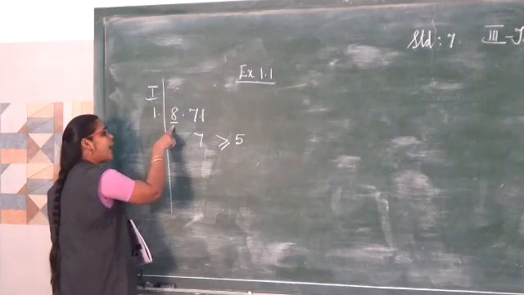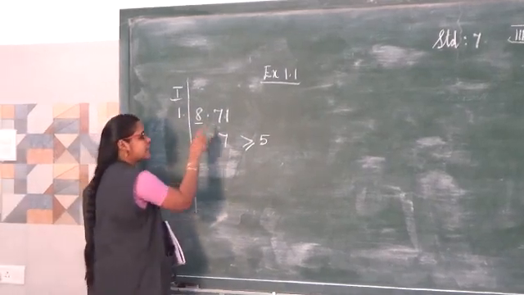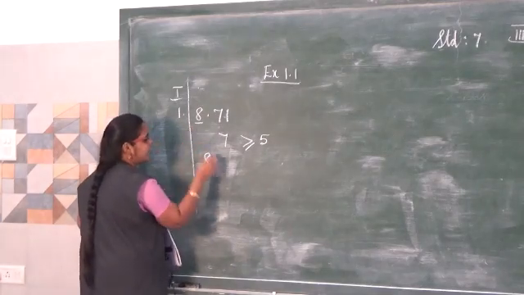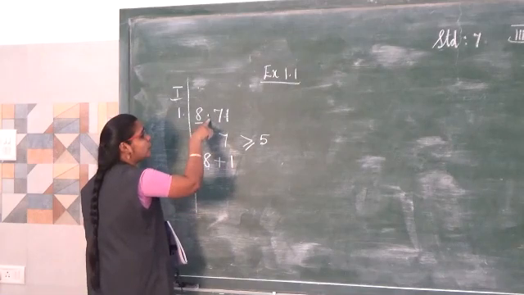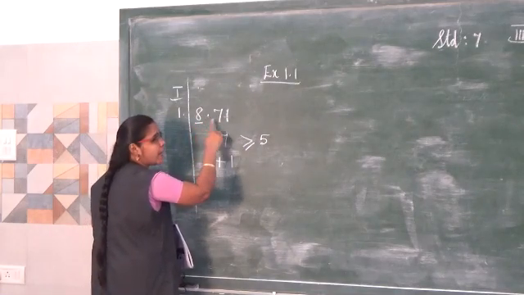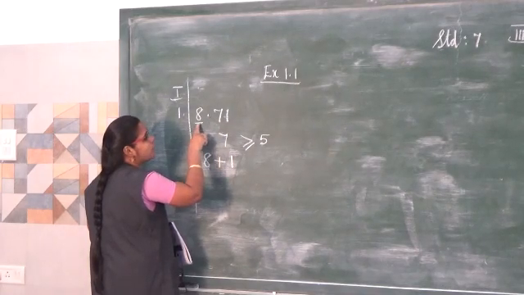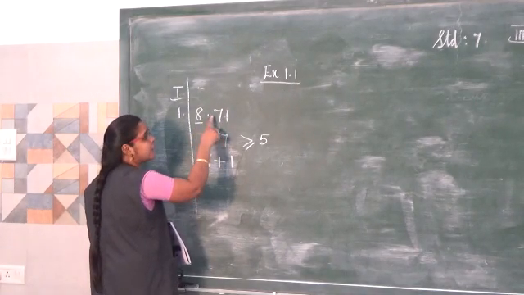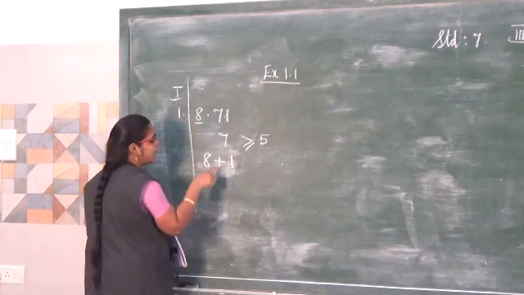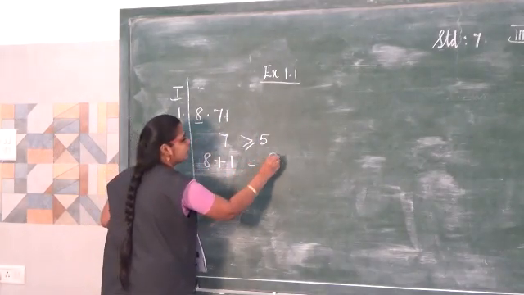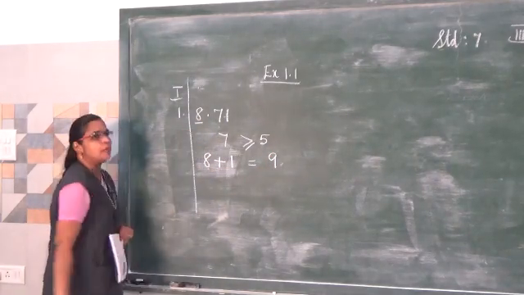We have to add 1 to the underlined part. So, 8 plus 1, and then we have to leave all the remaining digits after the underlined part. So, 8 plus 1 is equal to 9, which is the answer. This is the way how to do it.